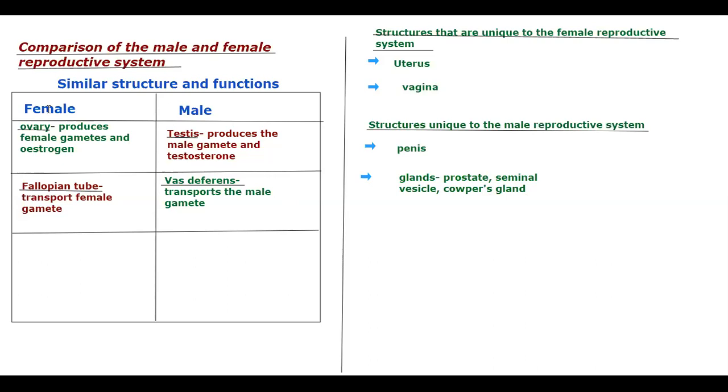Oh, I forgot. There was actually a similarity over here that I forgot. I'm going to put it over here. And that is the urethra. Both of them have a urethra. But it's different in what the urethra does. The female urethra only carries urine, while the male urethra can carry both urine and semen at different times.